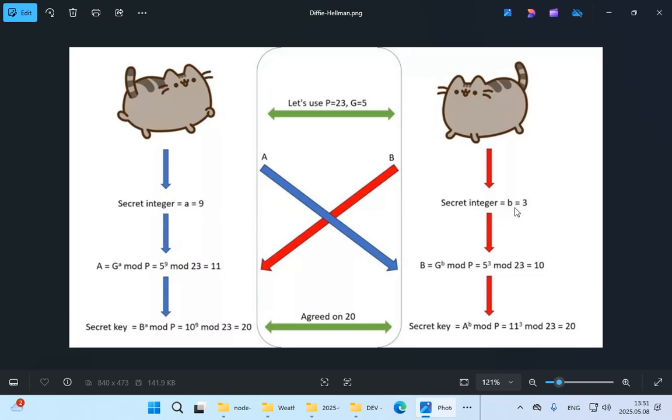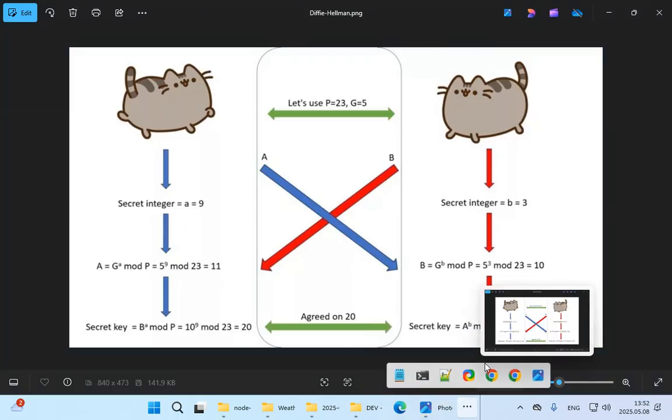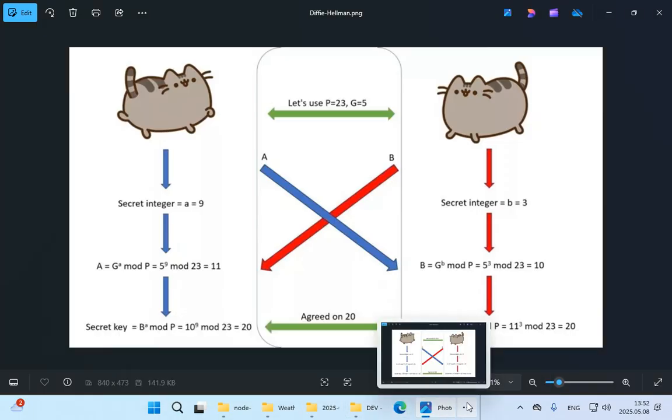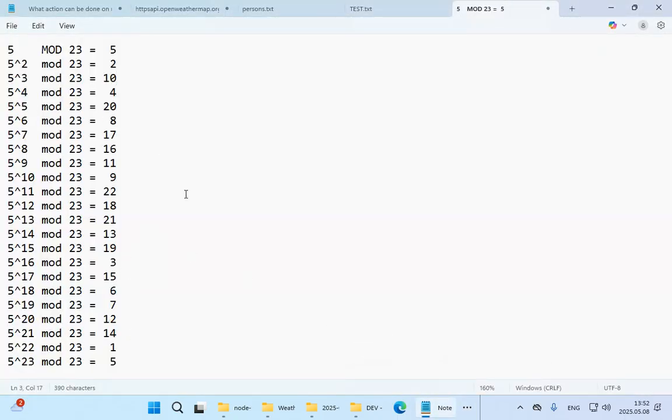Is it understandable? And then if you take the base and take it to the power of your number, we can try to experiment with the following. Let's return to our notepad. So we have the table, you know.